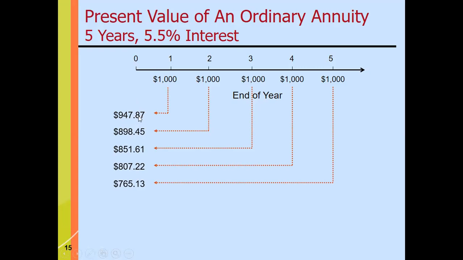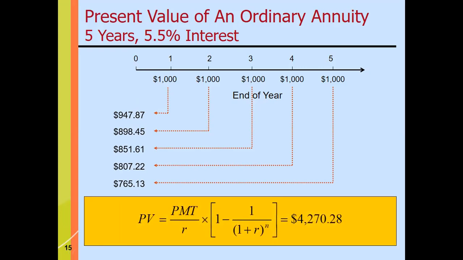If you notice, it is lesser because of course this will earn interest given a certain period, in this case 1 year, or for 2 years. So 2 years, much lesser. And as we go along, the greater the number of years, the lesser the present value becomes. So just take note of this. And then if we get the sum of all, we get the present value of this particular ordinary annuity.